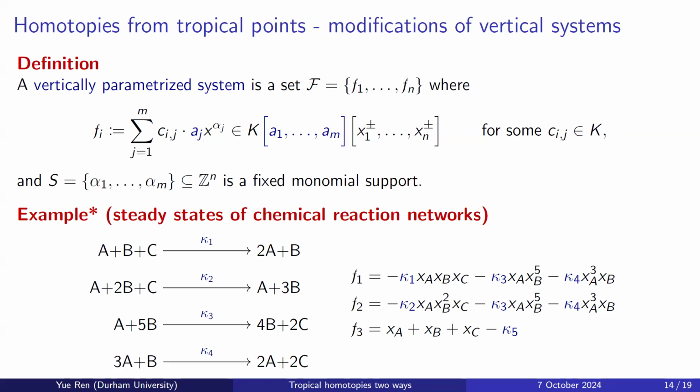A very simple example is the chemical reaction network that I showed in the beginning. Take kappa 3, for example. Kappa 3 only appears in front of xa xb to the power 5, and kappa 4 only appears in front of the monomial xa cubed xb. Every parameter is tied to its own monomial, and that's exactly where it has to stay.